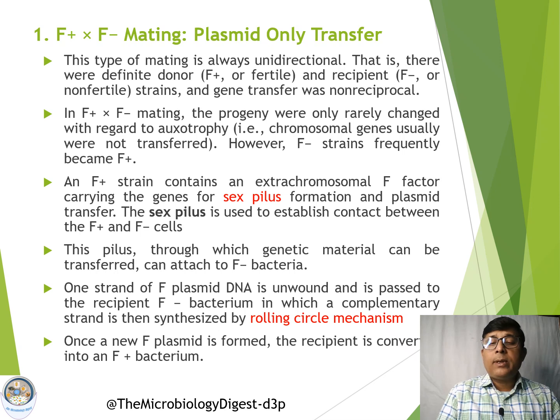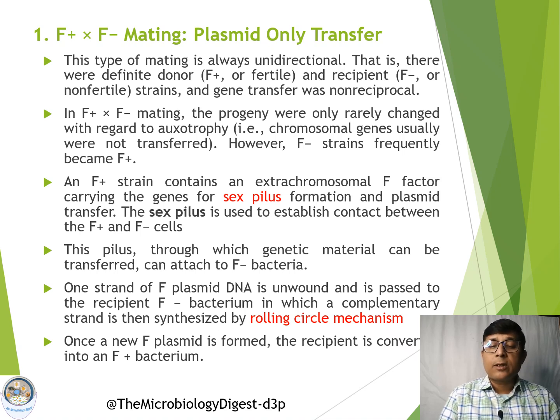When this sex pilus forms, one strand of the F plasmid from the donor bacterium will be transferred to the recipient bacterium. And when this one strand is transferred, the complementary strand to the transferred strand will be synthesized by a specific DNA replication mechanism called the rolling circle mechanism. Through this mechanism, both the complementary strands will be completely synthesized.